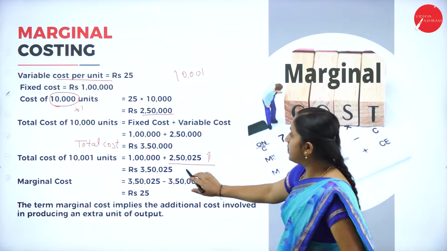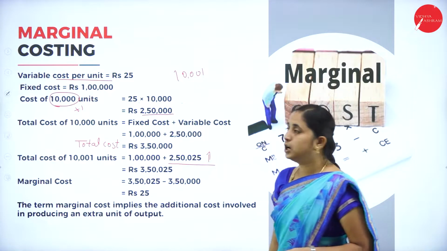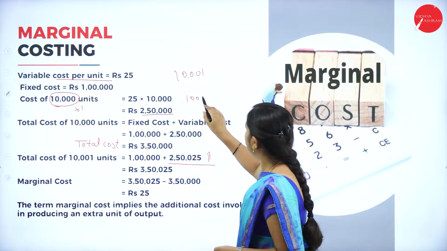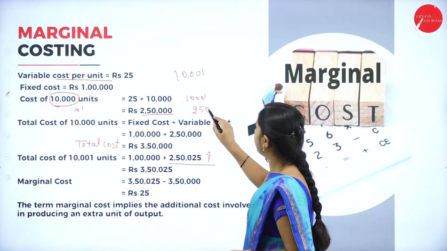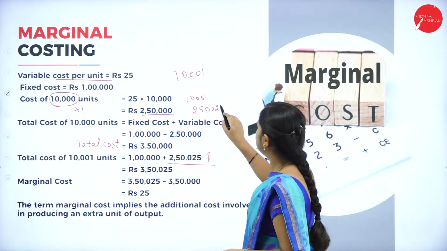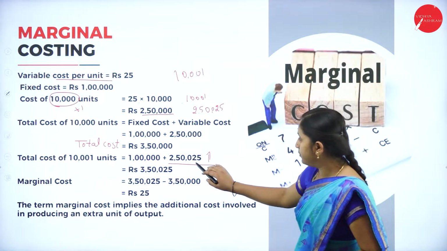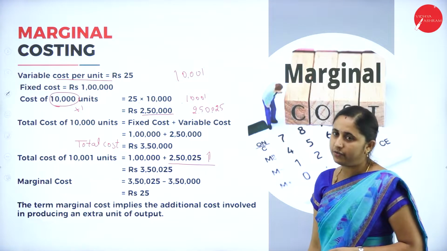To produce 10,000 units, 10,000 into 25 is 2,50,000. So now it became 2,50,025. So 2,50,025 plus 1 lakh is 3,50,025 rupees.